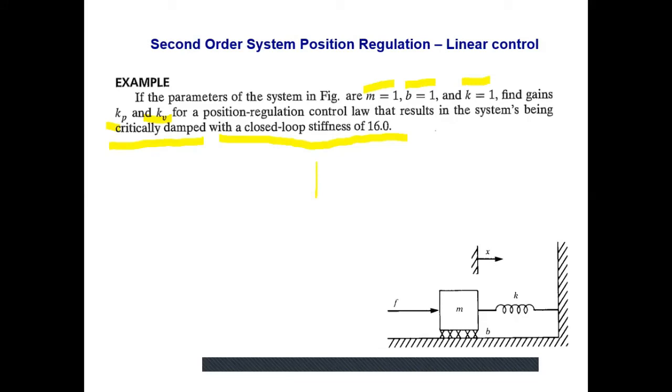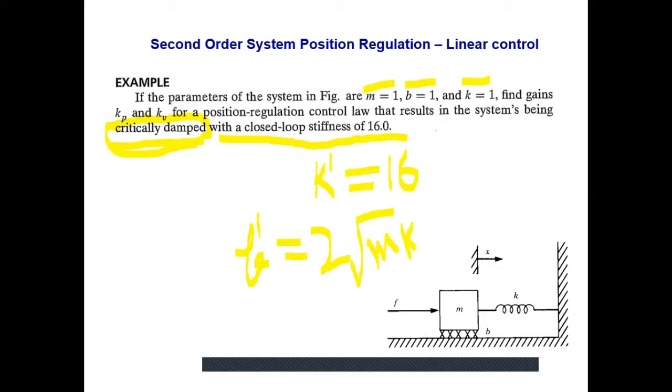That means K dash is given and the value of K dash is 16. For a critically damped closed loop system, the B dash value should be equal to 2 root m K dash. We know that K dash is 16 and m is equal to 1, so B dash will be equal to 8.